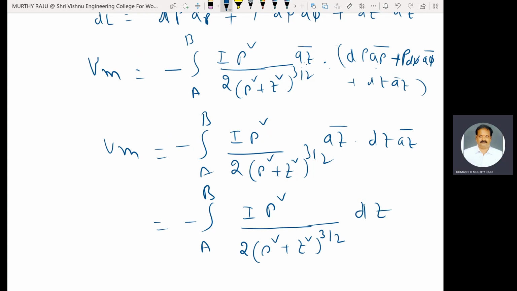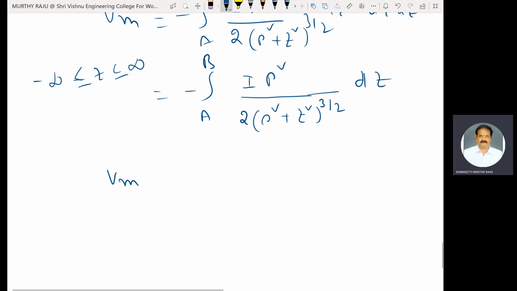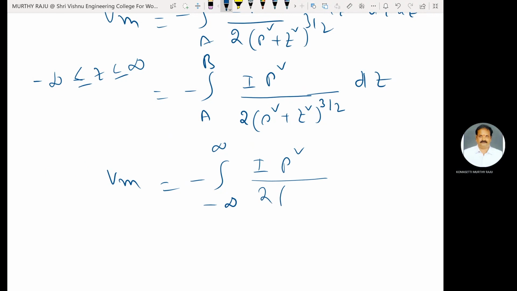In the case of the cylindrical coordinate system, the z value ranges from minus infinity to infinity. Therefore, Vm is equal to integral from minus infinity to plus infinity of I rho square by 2 (rho square plus z square) to the power 3 by 2 dz.